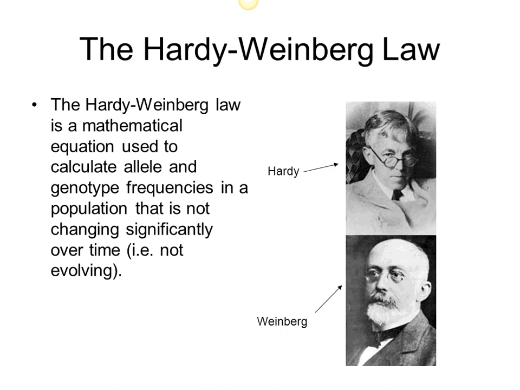So the Hardy-Weinberg Law is a mathematical equation used to calculate and estimate allele and genotype frequencies in a population, or actually in many populations over time, if those populations are not significantly changing.